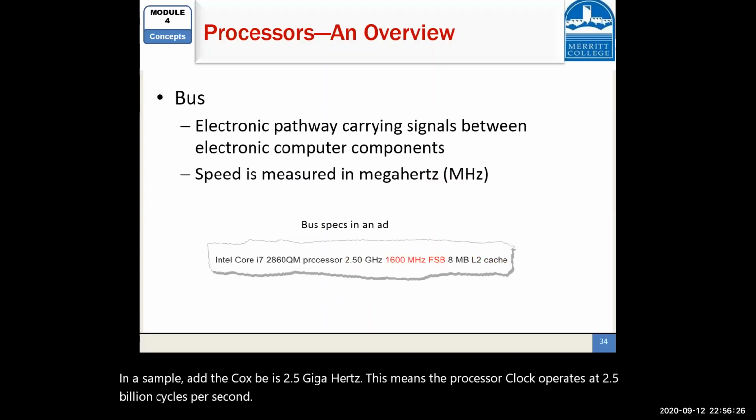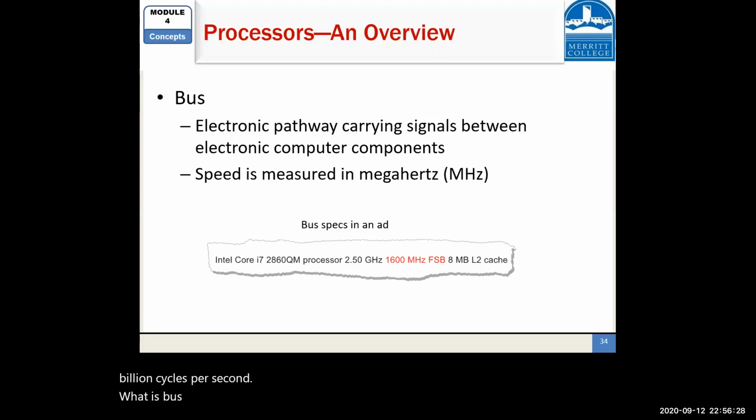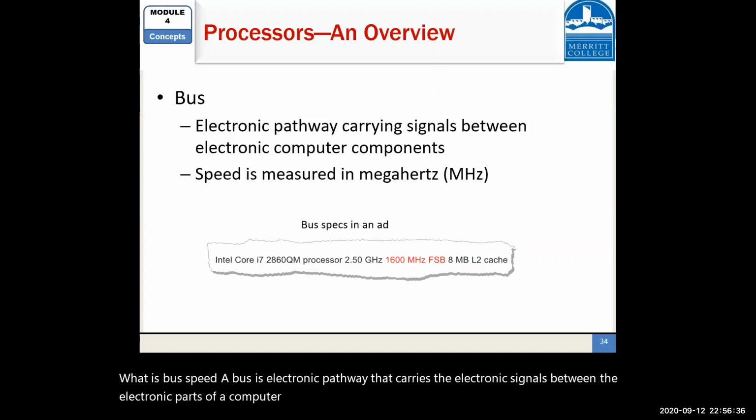What is bus speed? A bus is an electronic pathway that carries the electronic signals between the electronic parts of a computer. Bus speed identifies how fast the electronic signals move along the bus pathway. FSB stands for front side bus.